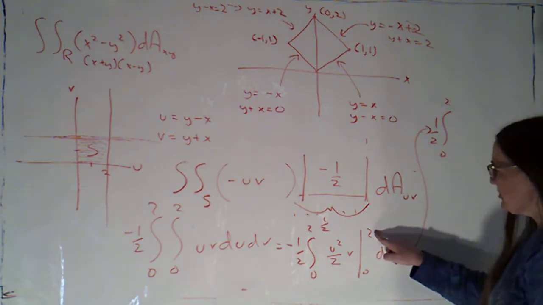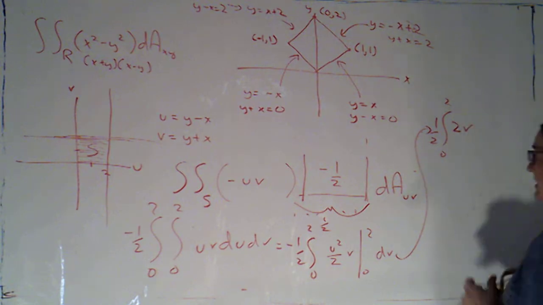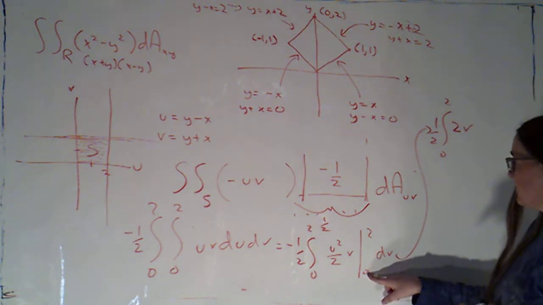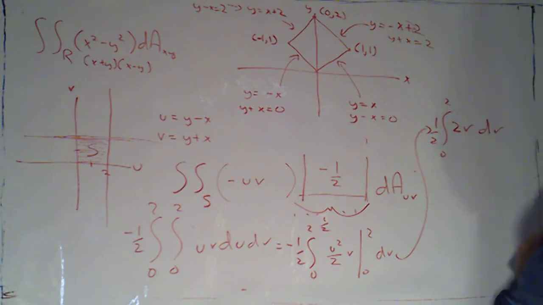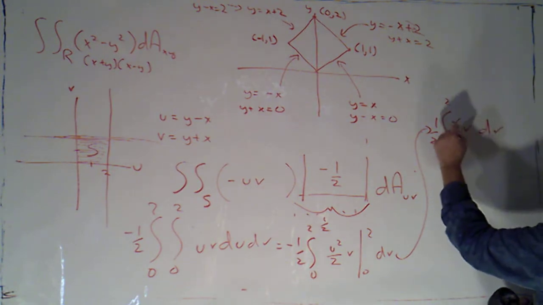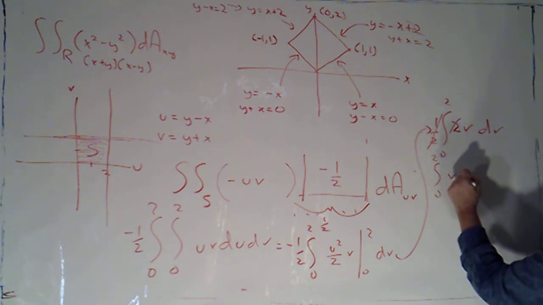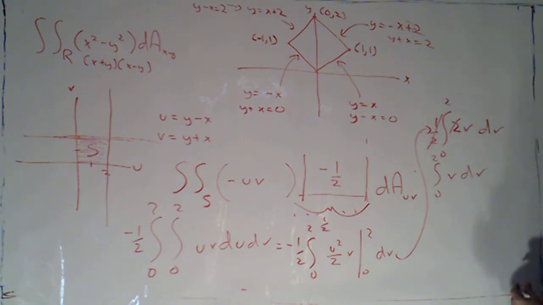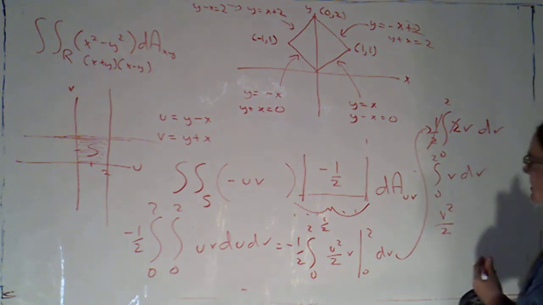When I plug in 2, I'm going to get 4/2, or just 2v, minus when I plug in 0, I just get 0. Okay. So we're integrating 2v dv. I'm going to cancel that 1/2 with that 2, so we've just got the integral from 0 to 2 of v dv. That's v squared over 2.